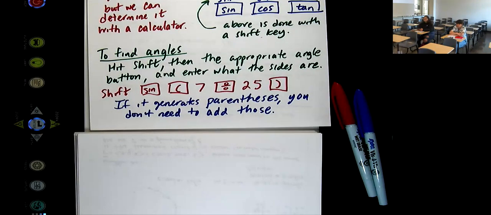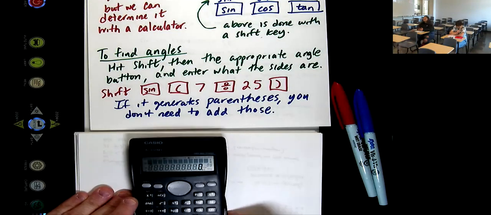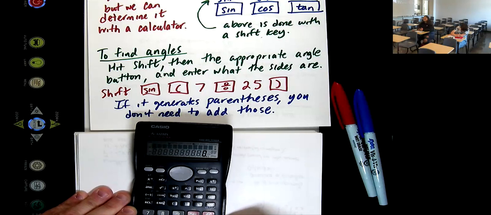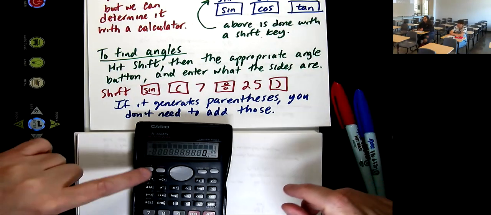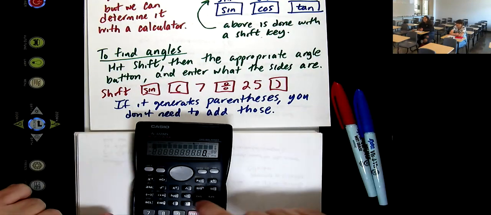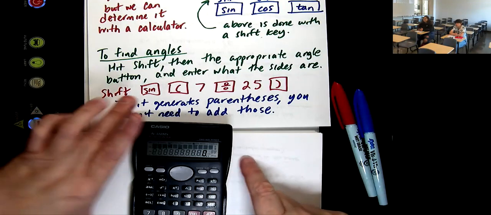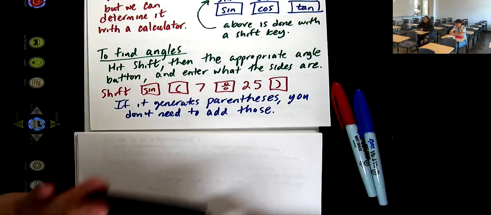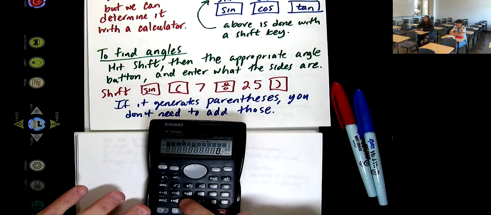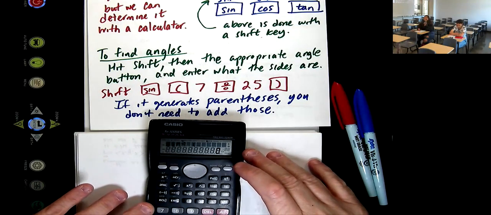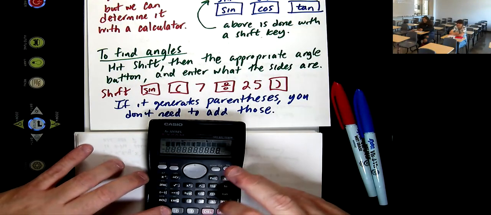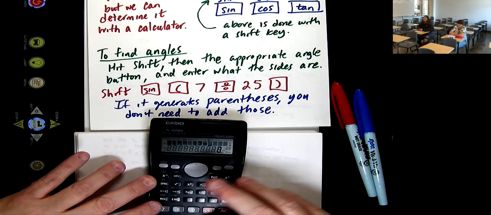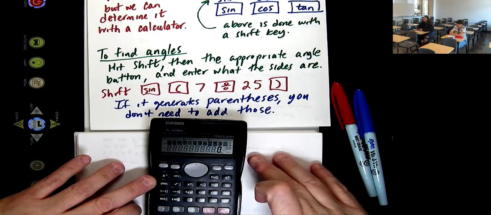I'm trying to let people write it down, and then I'm gonna do it on the screen as an instructor and walk you through it. My shift key is here, I'm gonna hit that. Do I have a parentheses pop up? I do not have a parentheses pop up, because my calculator is inferior. 7 divided by 25, end parentheses.